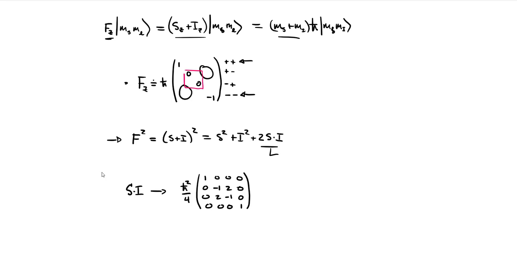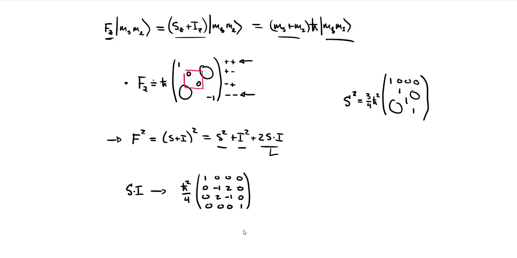The s squared operator and these two operators in here, we can also easily derive in our uncoupled basis, just because we know how the s squared acts on that uncoupled basis and the I squared acts on that. What we end up with, I'll write them off to the side here, is this s squared operator is 3 over 4 h bar squared times the identity. I'm not going to spend my time writing all those zeros.